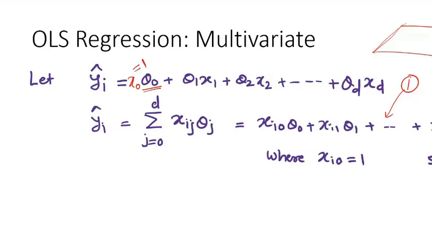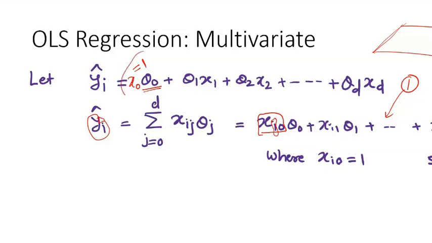This will help me in rewriting the equation in simple vector form. So this x_i0, where i stands for sample number, y_i estimated, that is the estimation for the ith sample, is equal to summation.